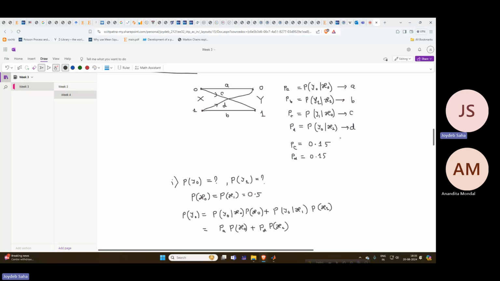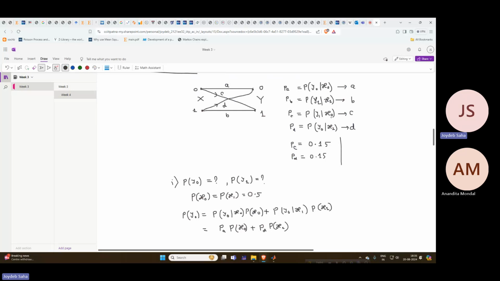Okay. What does PC indicate? PC indicates that output is 1 when input is 0. So if input is fixed, that input is 0, then there can be only two cases, either output is 1 or 0.